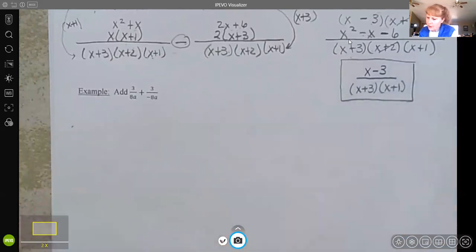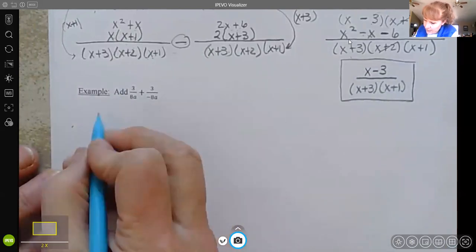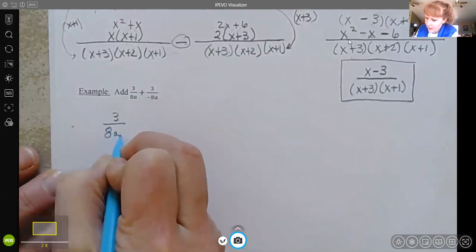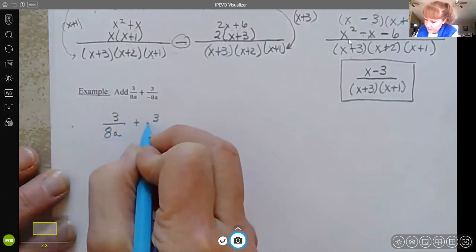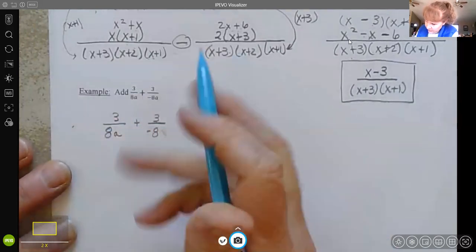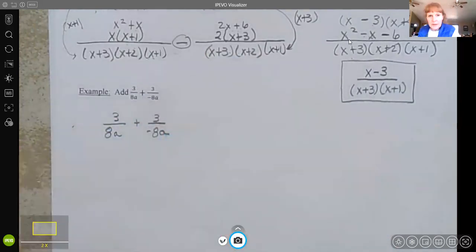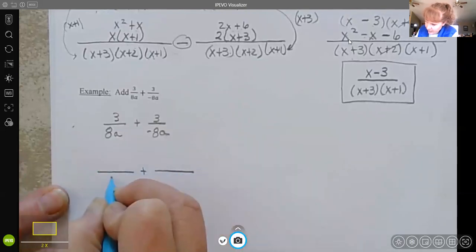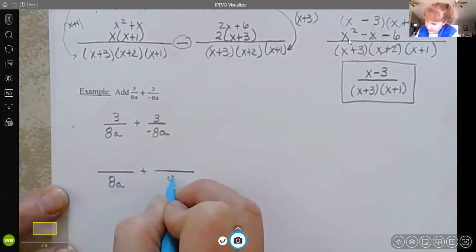Let's look at this one here. I've got 8a and a negative 8a. So let's look. We have 3 over 8a. Common denominator, 8a.